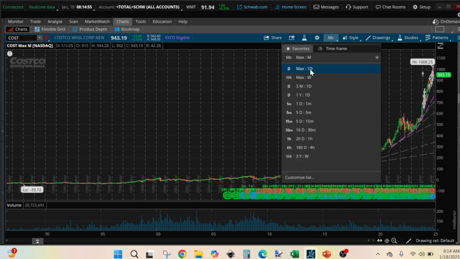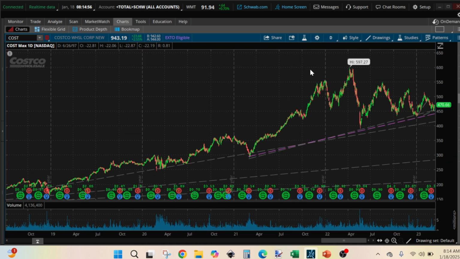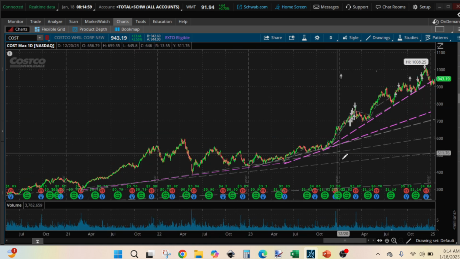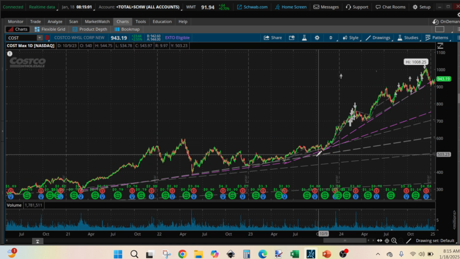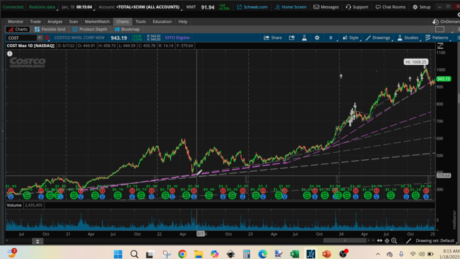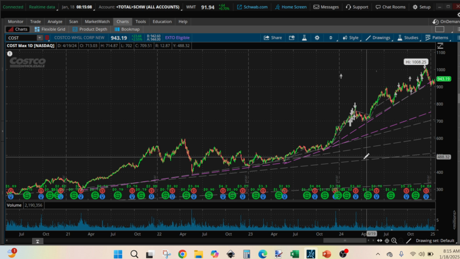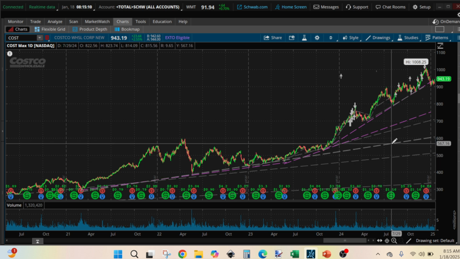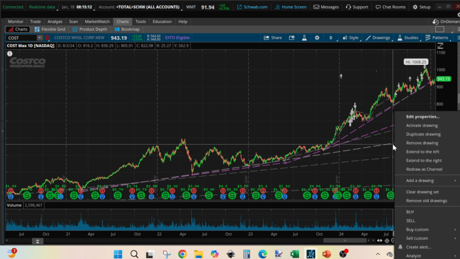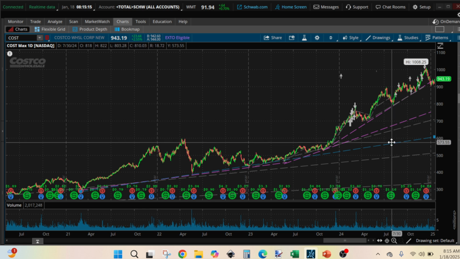Now you will move to maximum daily chart, and on the maximum daily chart you will be able to find the line that you traced on the maximum monthly chart. Now on the maximum daily chart, you will be able to activate your trend line, and adjust it.